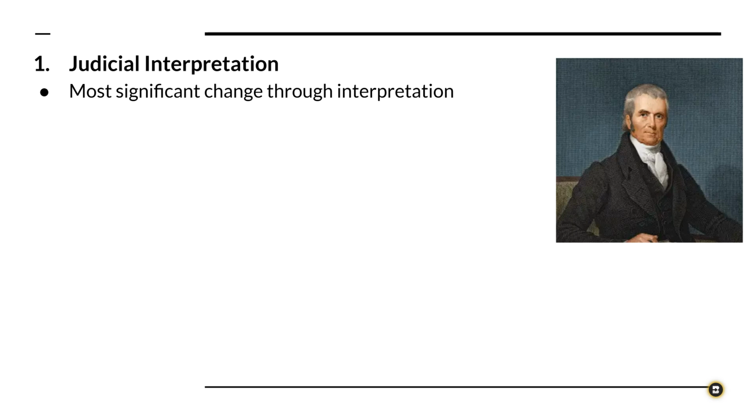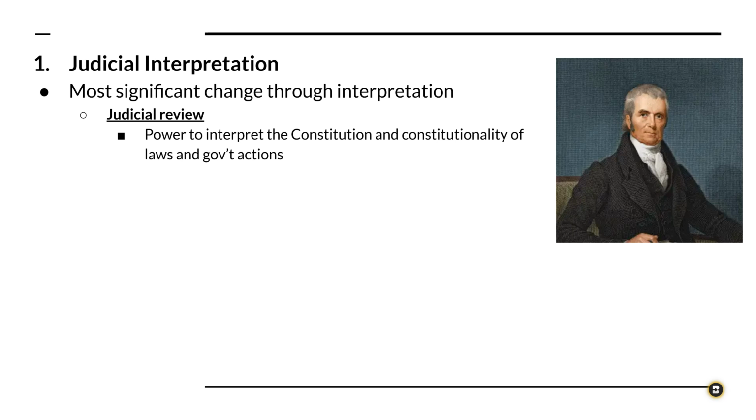And the most significant of these changes through judicial interpretation is, bar none, judicial review. And essentially, through the power of interpretation, the Supreme Court gave itself the power of interpretation.